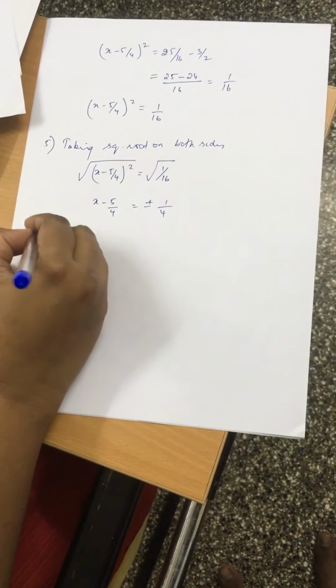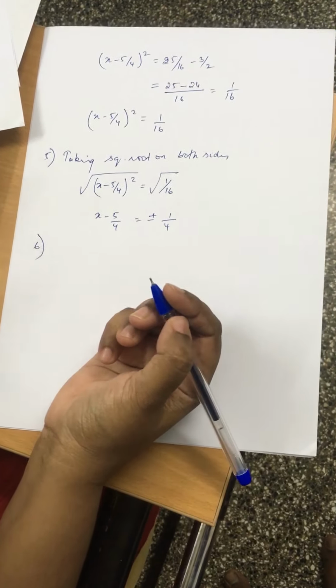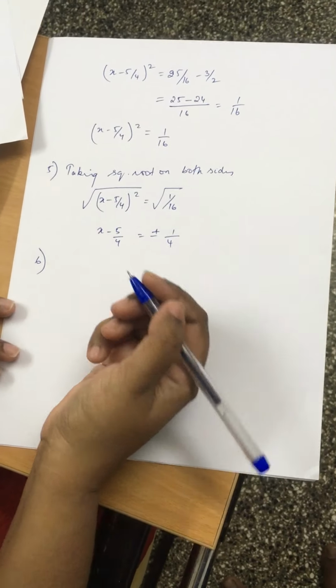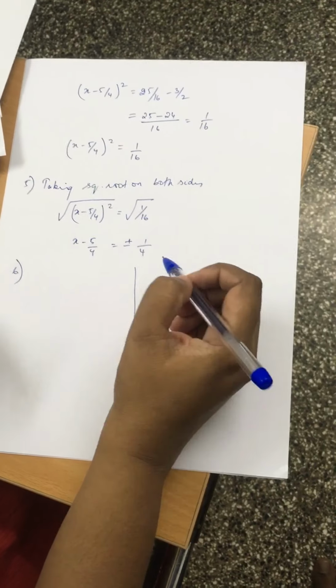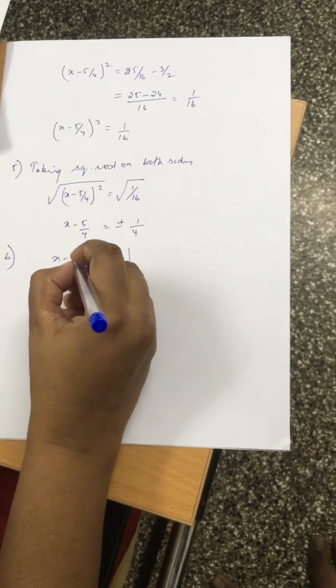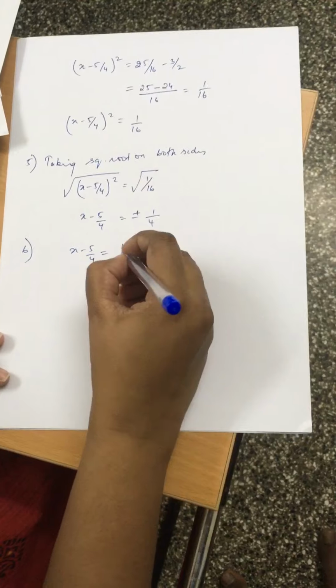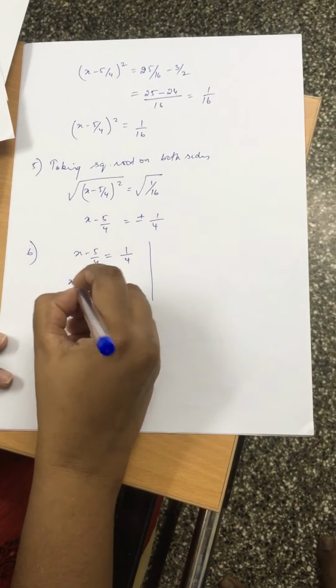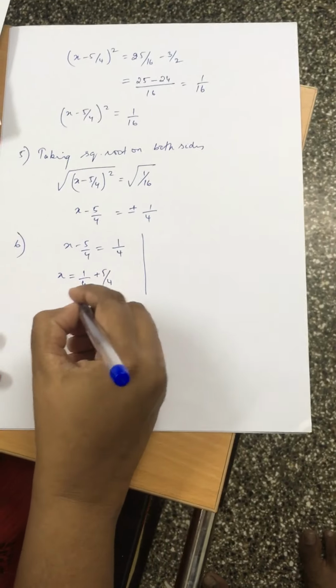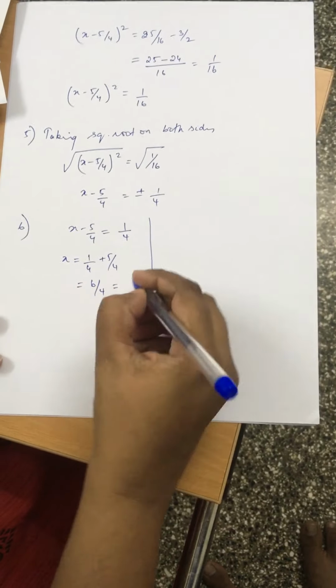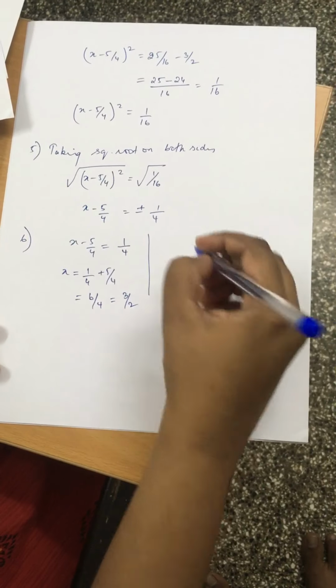Okay. Sixth is where you actually get your values, the roots of the equation, and that is by choosing one as plus, the other as minus. So first I am going to choose the plus sign. So x is equal to 3 by 2.